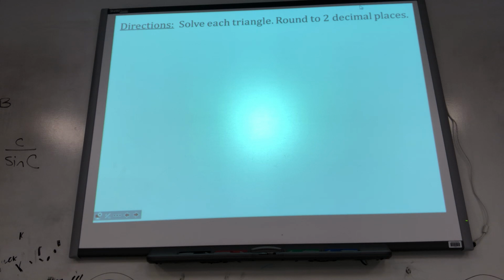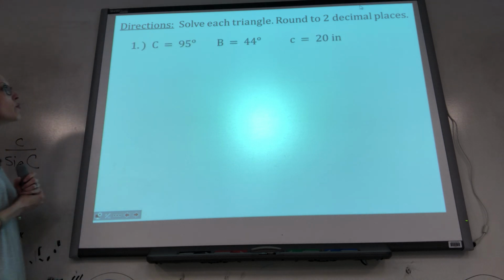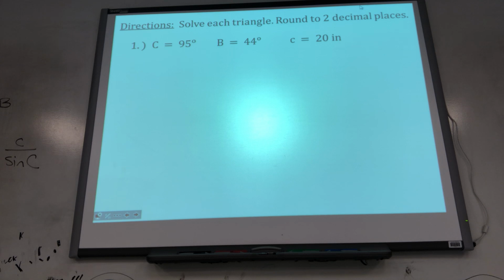You should know what all 3 sides are and what all 3 angles are by the time you're done with this problem. Okay, so this is what example 1 gives us. It's almost just like a list of information. It says big C, that is angle C, equals 95 degrees.